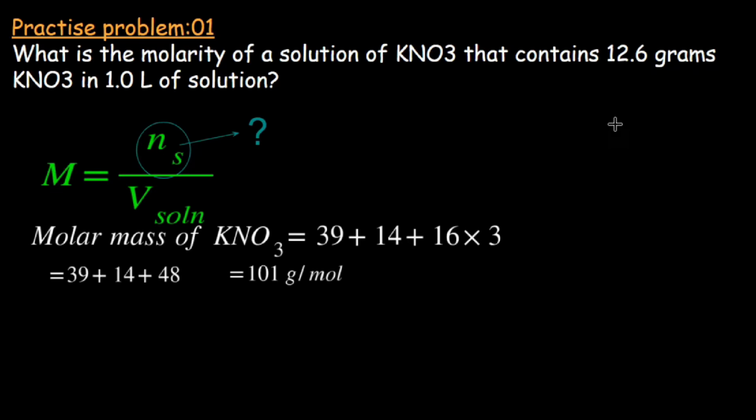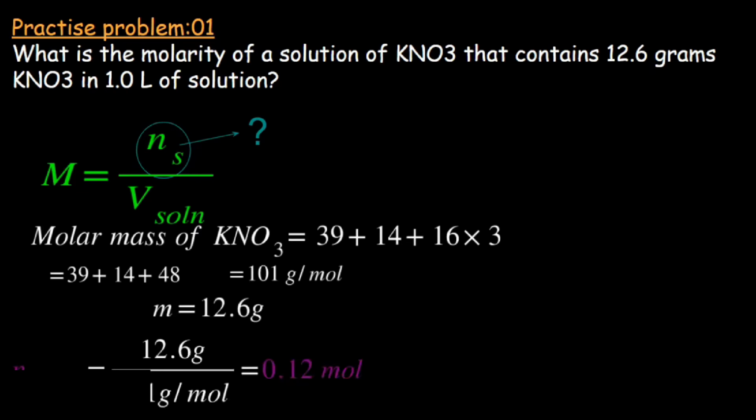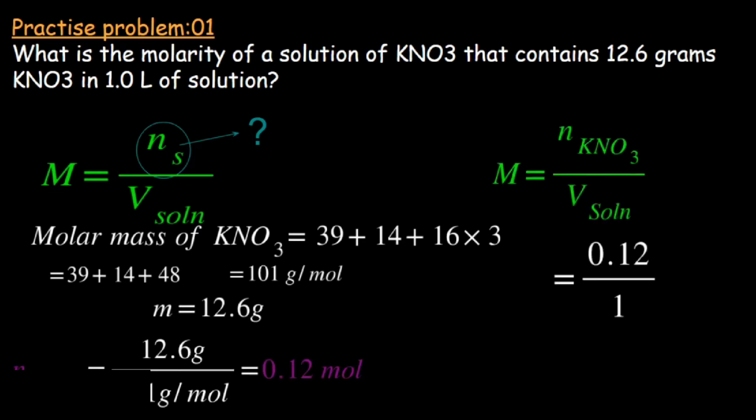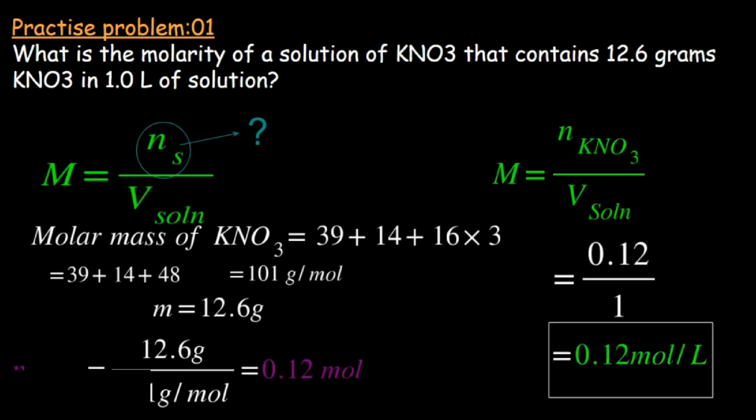As the mass of potassium nitrate is given, which is 12.6 grams, the number of moles of potassium nitrate will be 12.6 divided by 101 gram per mole, which results in 0.12 moles. Putting this data in the molarity equation, 0.12 divided by 1 results in 0.12 mole per liter, which is the molarity of the potassium nitrate solution.